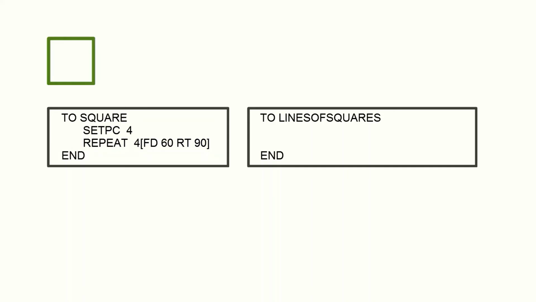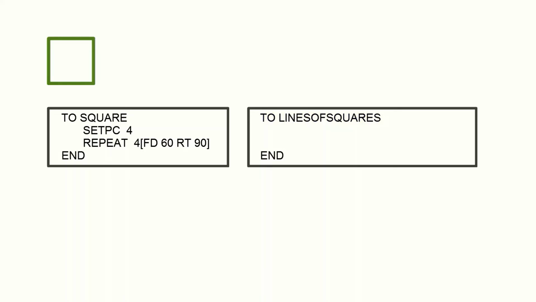Key in square and adjust it by adding slow turtle within square. Now teach lines of squares using square by keying in 2 lines of squares in the listener window. You will be asked to overwrite. Simply continue.